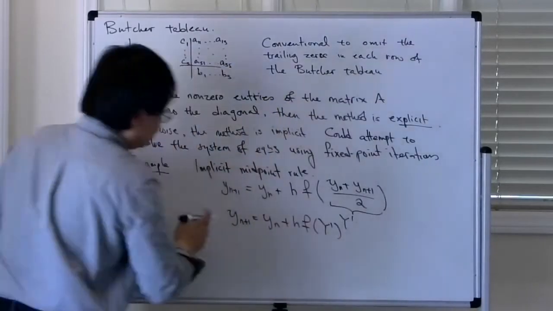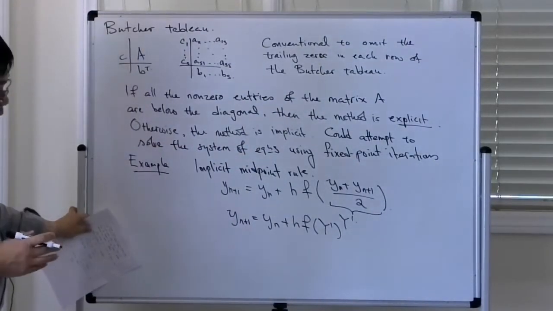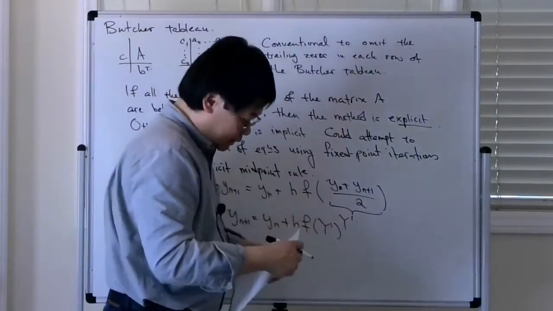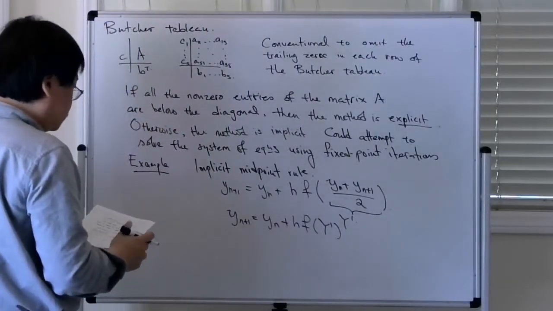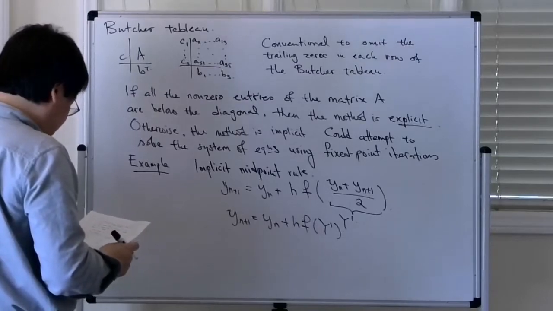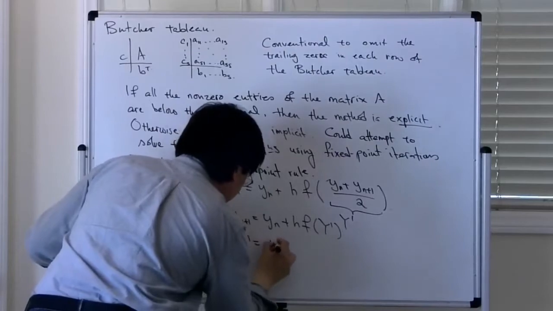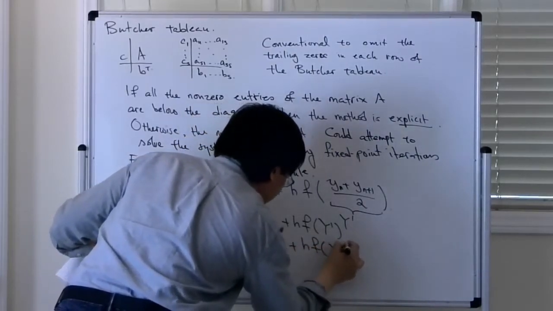This has the form you want for a Runge-Kutta method, but you still need an expression for what Y1 is. You can check that Y1 satisfies the following equation: Y1 = y_n + h f evaluated at Y1.